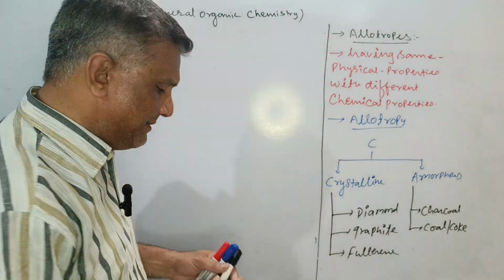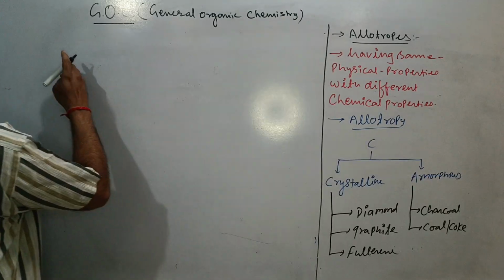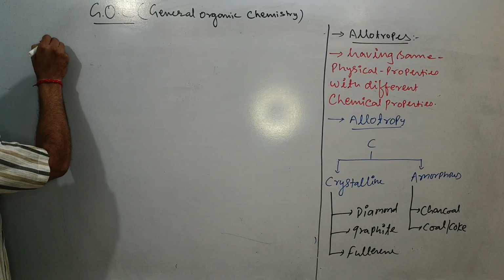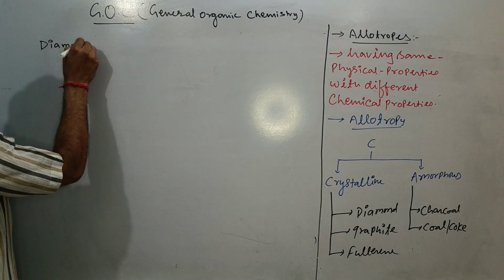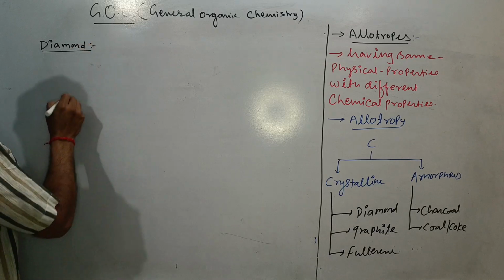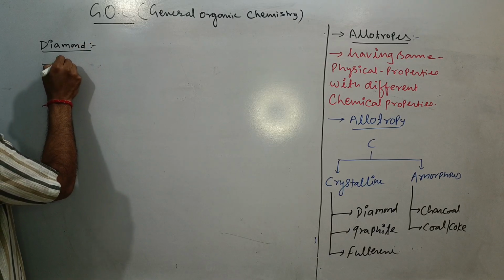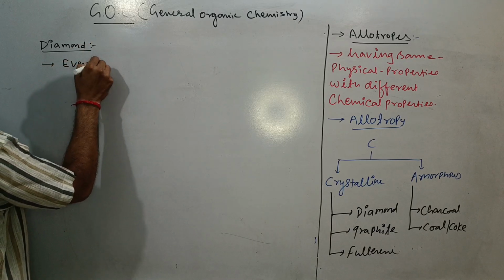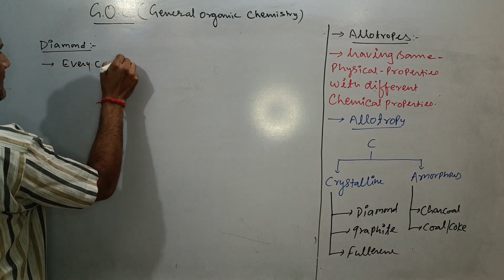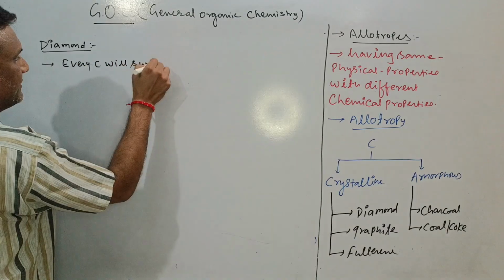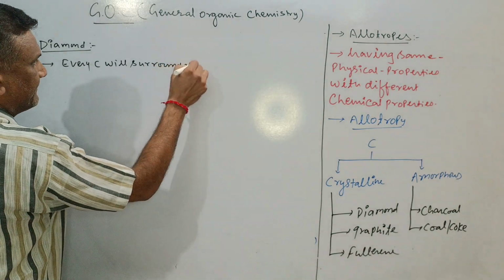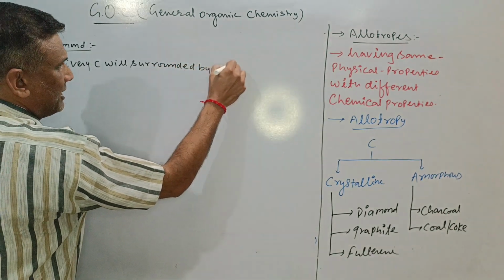If we go with the diamond, this is the diamond. In diamond, each and every carbon is surrounded by 4 carbon atoms.